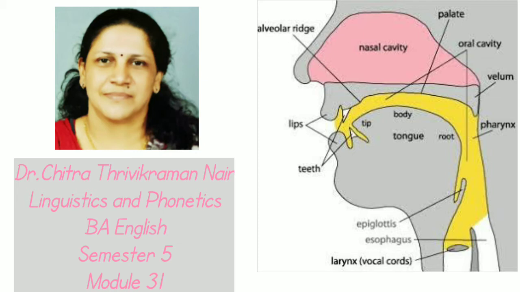When air passes out from the lungs through the larynx and finally out through the oral cavity or the mouth, the roof of the mouth plays a very significant role. So, which are the different parts of the roof of the mouth?